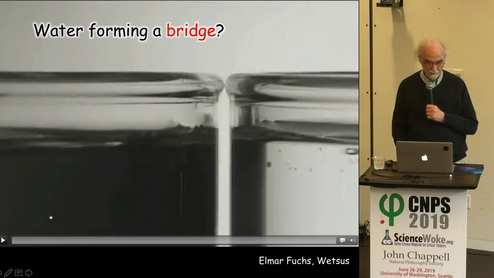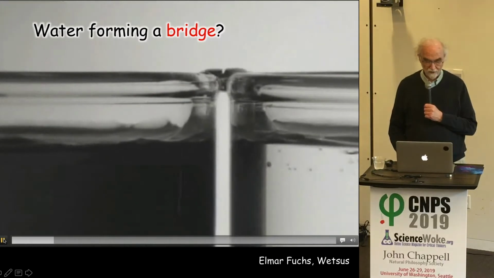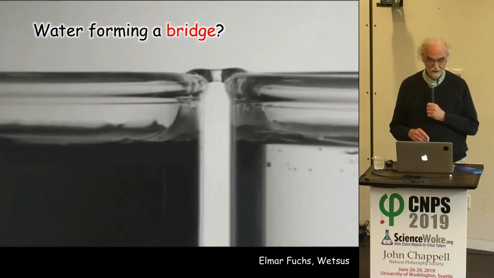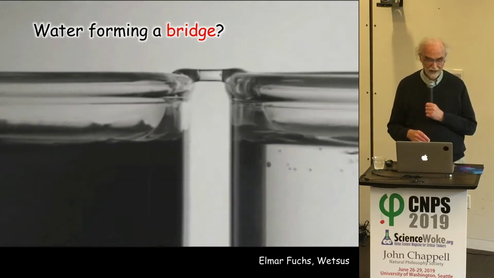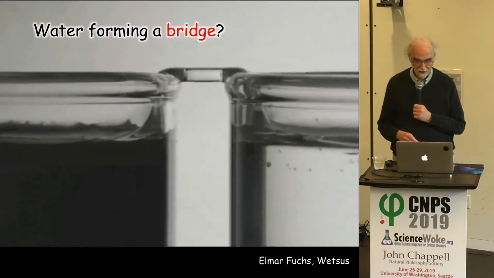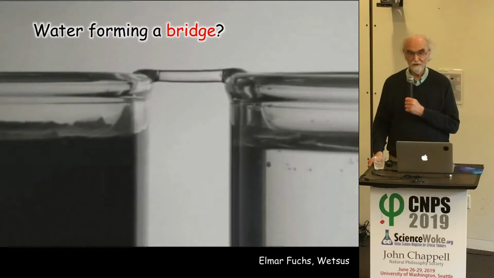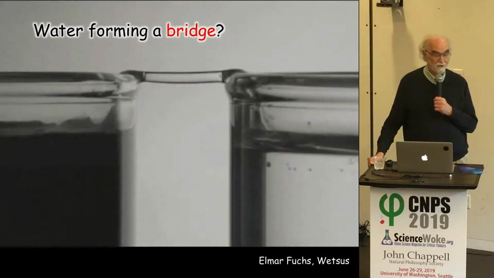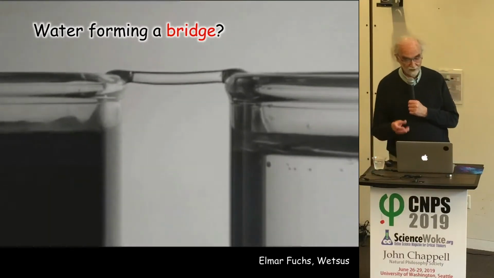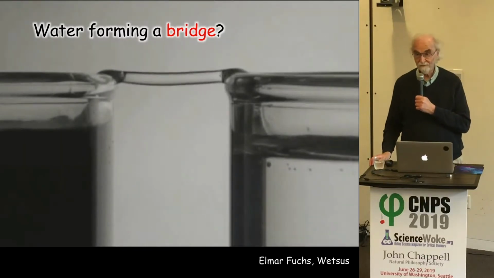When you turn on the voltage, you get a bridge between the 2. It's interesting enough, but what's even more interesting is that if you mechanically move one beaker away from the other beaker, the bridge persists. And it persists indefinitely, and it persists for distances up to 3 or 4 centimeters.